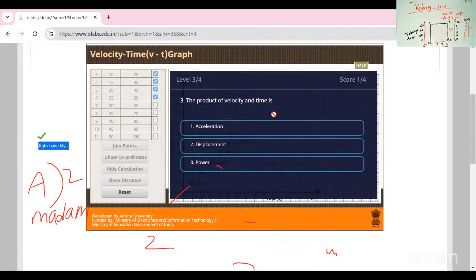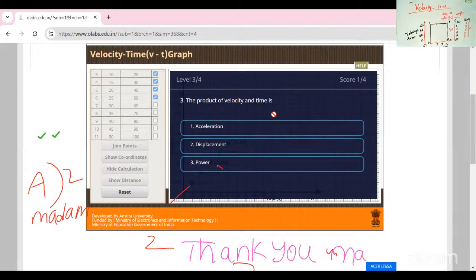So to calculate velocity, we take displacement divided by the time taken. Understand? Is that clear? Yes, okay, thank you.